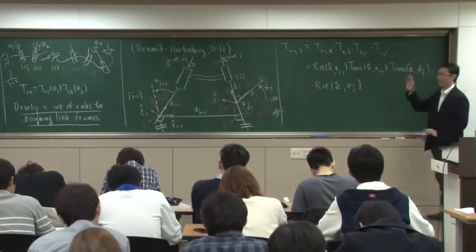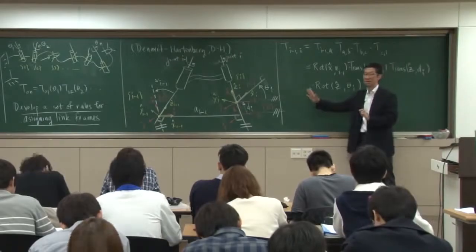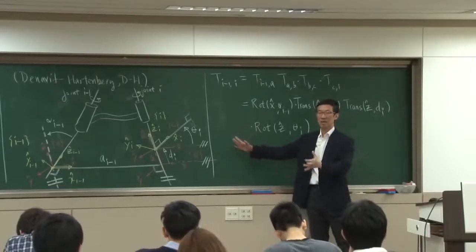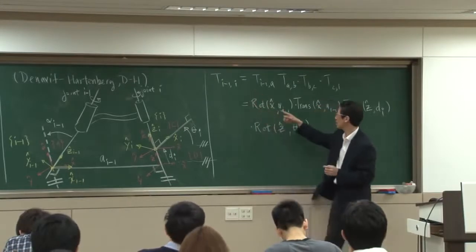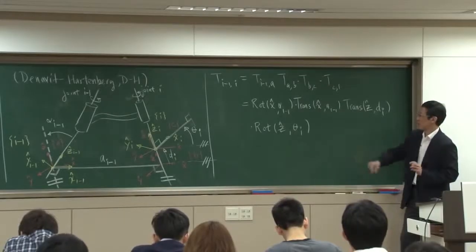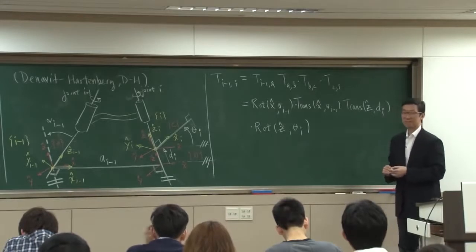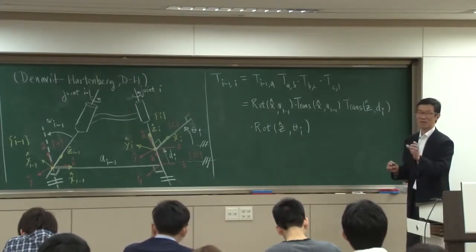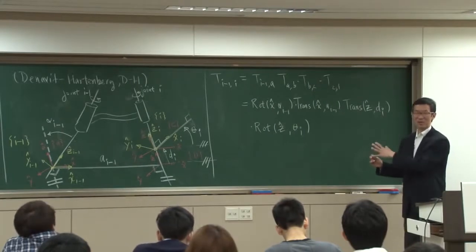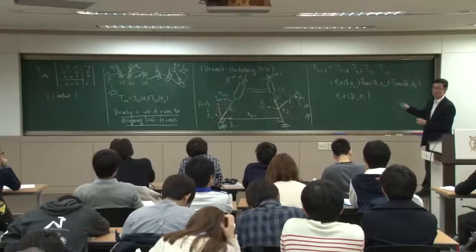All right, so if we agree on this method for assigning link frames, then T I minus 1 to I is going to look like this. So that's it. Well, a few details we still have to resolve, but this is the basic idea.